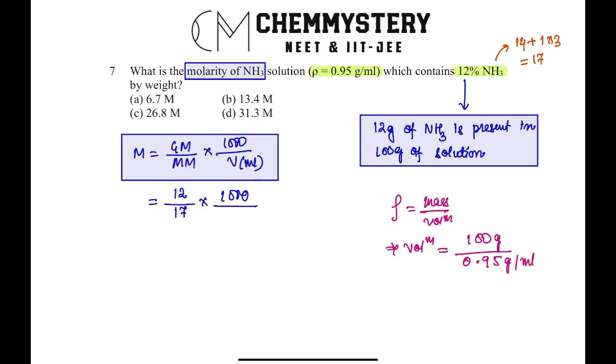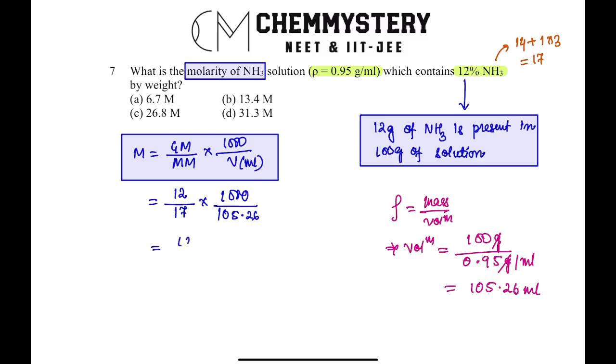This is given to us in the question. So 100 divided by 0.95, gram cancels out. If we calculate, it will come to 105.26 ml. This is the volume. So let's put the volume here in the formula, 105.26.